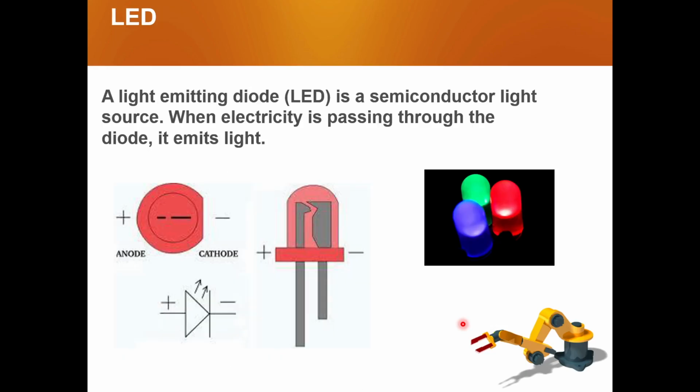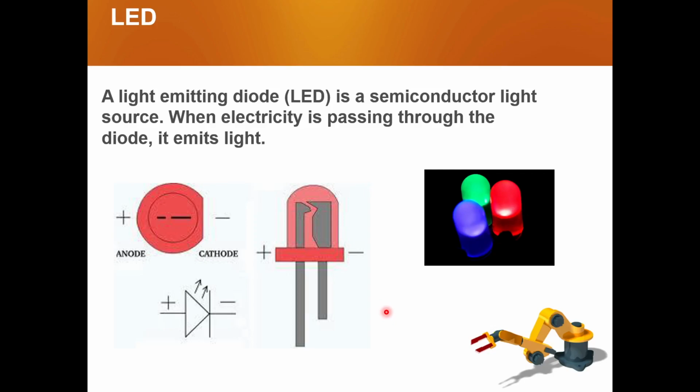Then we have the LED. This is the most common electronic component, and I can bet everybody has seen it. If not, you have an LED bulb in your room, and if you open that white top of it, you can see multiple LEDs like these inside it. Okay, miniature LEDs. So LED means light emitting diode.